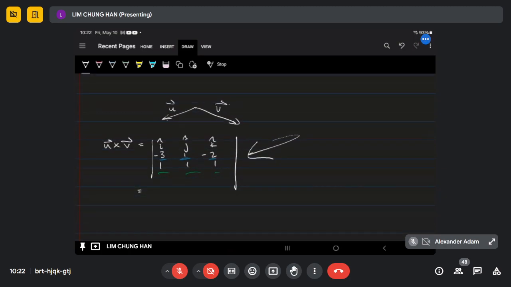Okay. So you have 1, -2, 1, 1, minus j. j will be -3, -2, 1, 1, plus k. Don't forget the hat. I always tend to forget it. Okay, and k will be -3, 1, 1, 1. There.